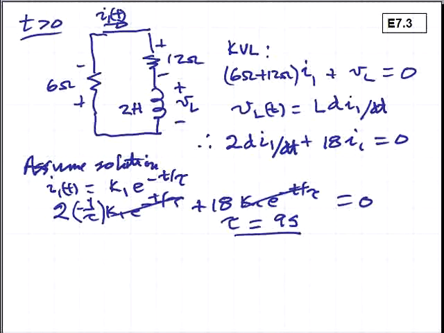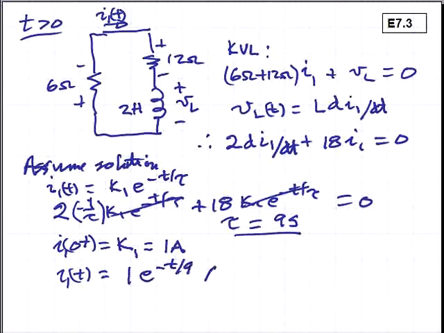We know from our calculation of the initial condition, we have I1 of 0 plus is K1 in our assumed solution, and we've determined previously that this is equal to 1 ampere by the continuity of the inductor current. So we have now that I1 of t is equal to 1 e to the minus t divided by 9 amperes for t greater than 0.